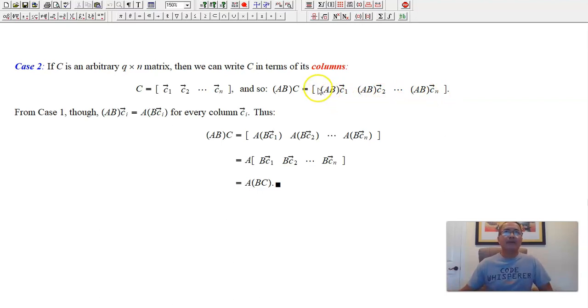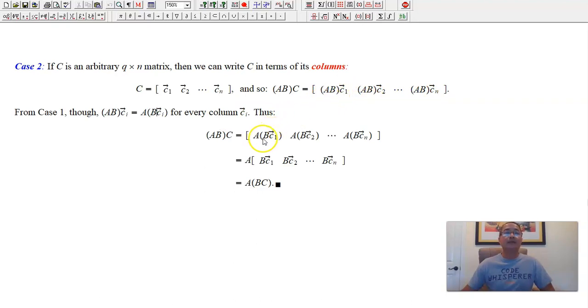Okay, but now we're back to case 1. We said that this, where you think of C1 as the x, is exactly the same as multiplying B by C1 first, then multiplying by A. Okay, so for each column i, the quantity A times B times column i is the same as B times column i first, then multiplied on the left by A. So we can rewrite each of these products, starting with the first one.